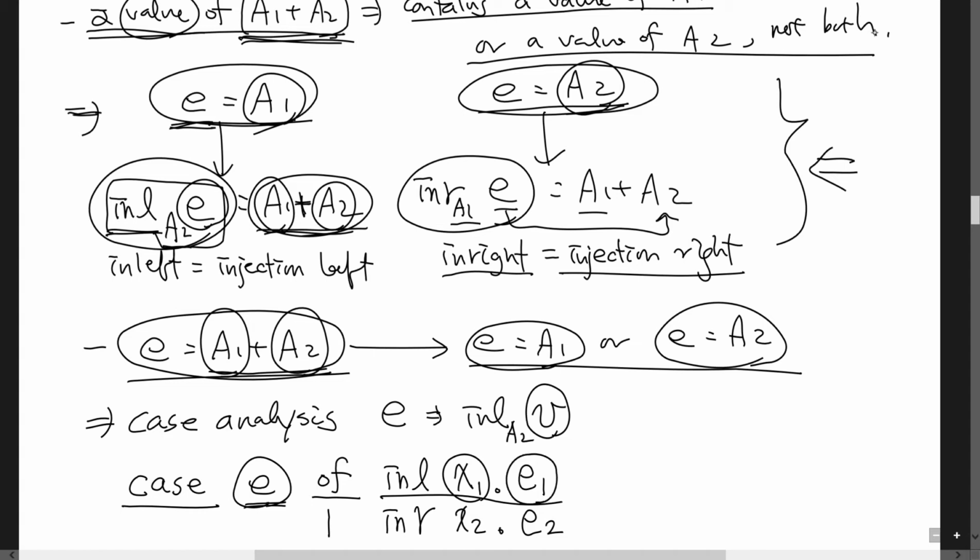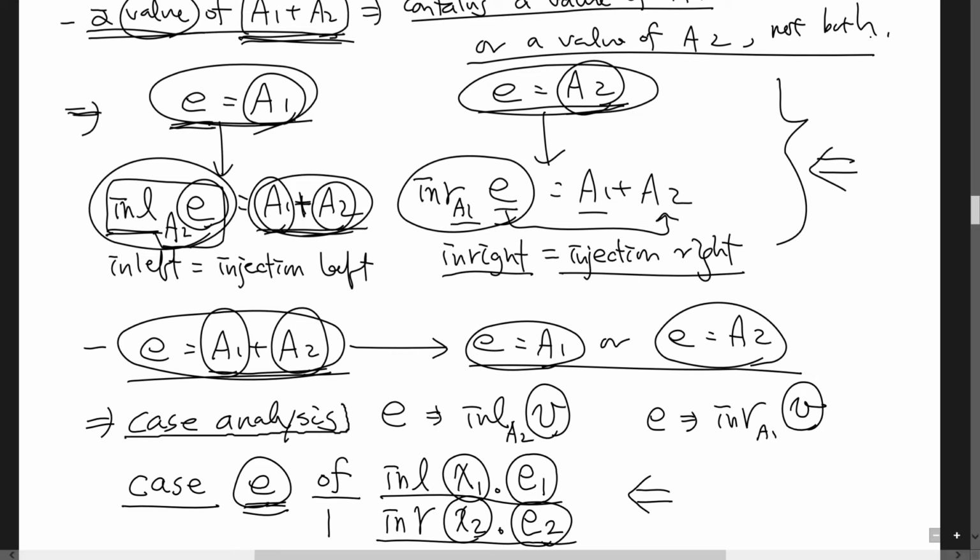Similarly, suppose expression E was produced with injection right with the value V. In that case, we take this second branch after binding variable x2 to this value V. So this is the new form of expression for performing case analysis on an expression of this sum type.